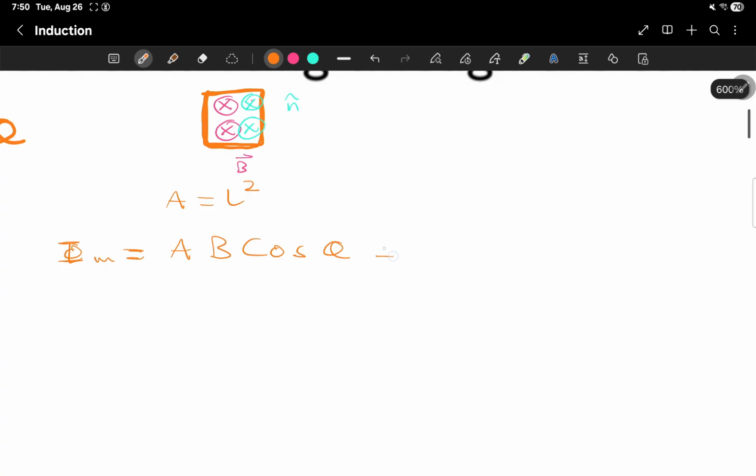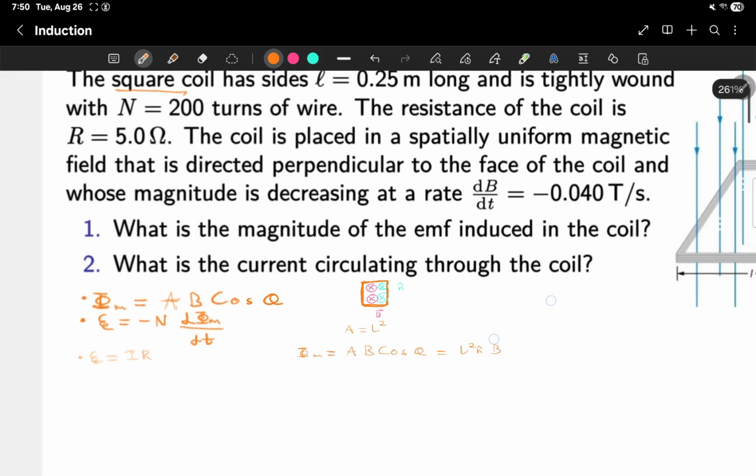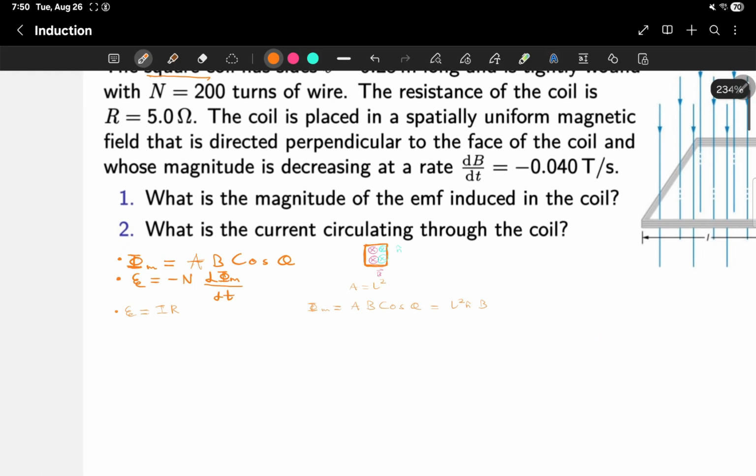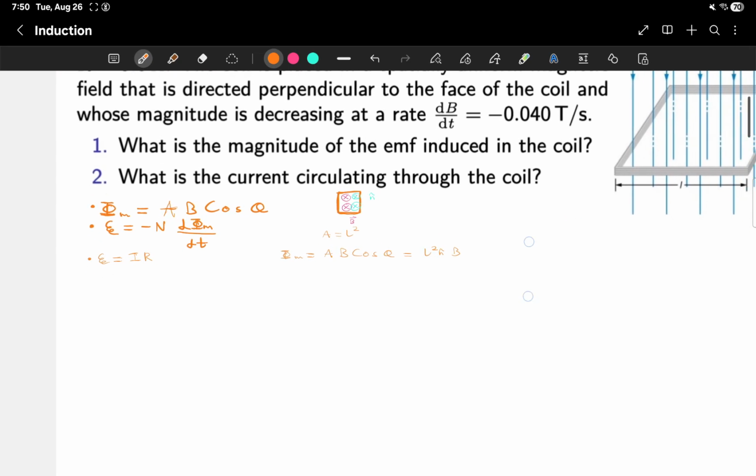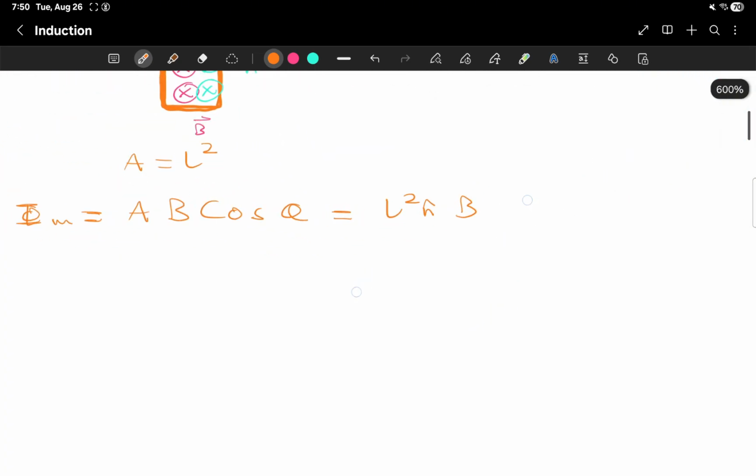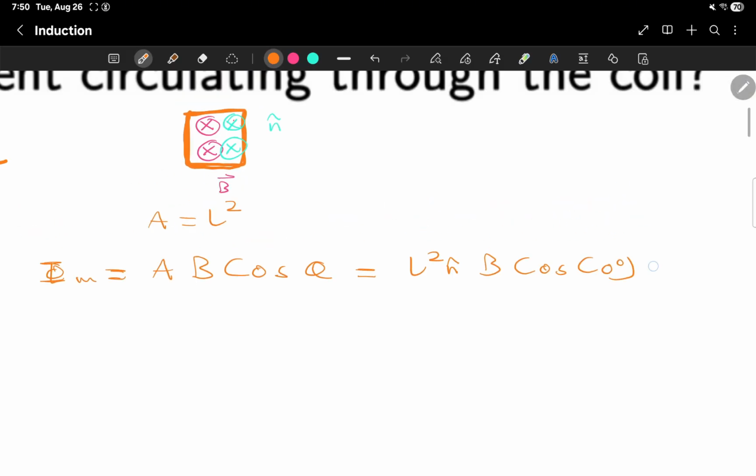In my case, we have the area, which is L squared, times n hat. n hat represents the area vector, times the magnetic field itself, times the cosine of the angle between them, cosine of 0. In my case, the angle is 0 degrees.